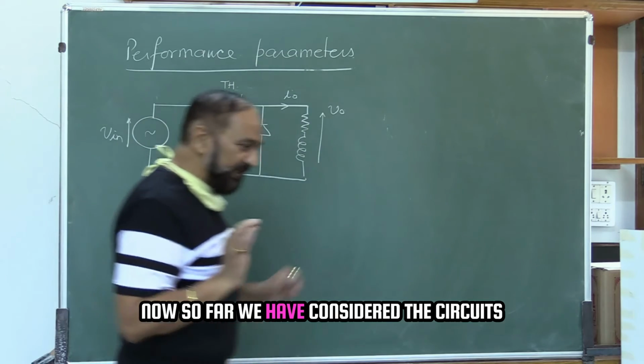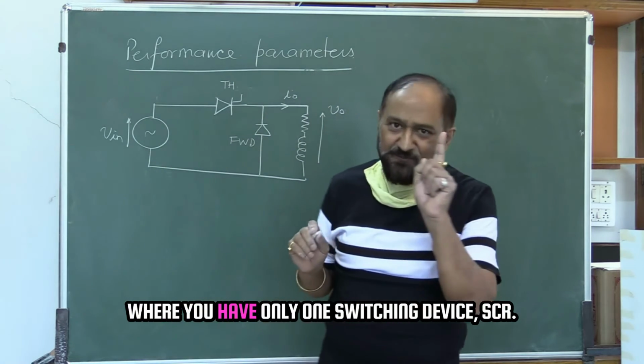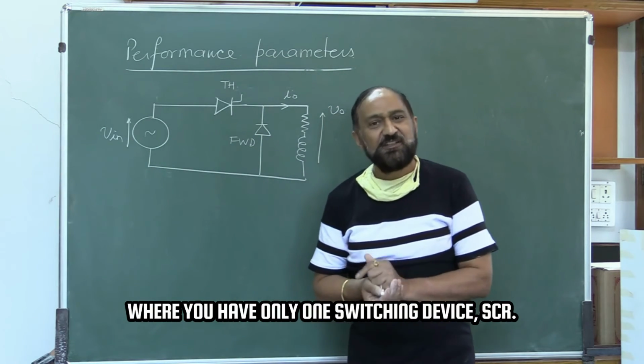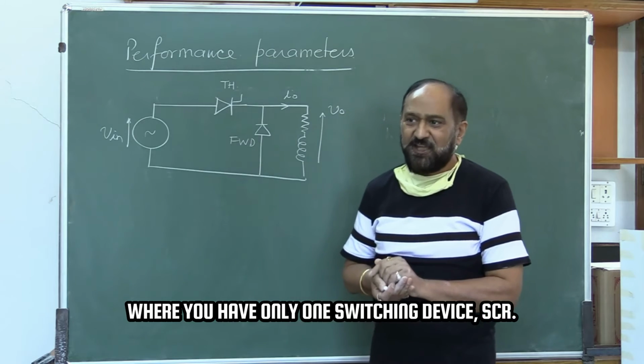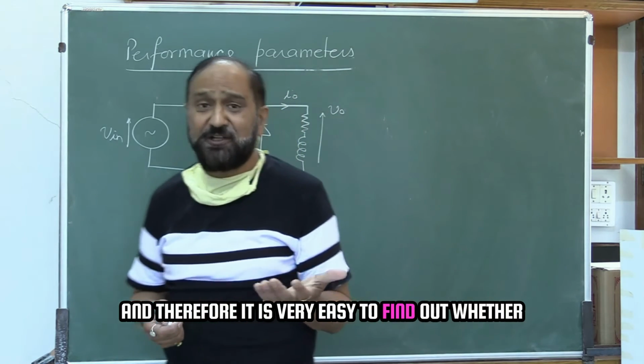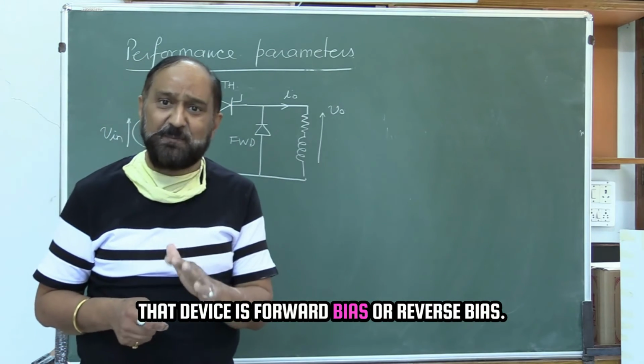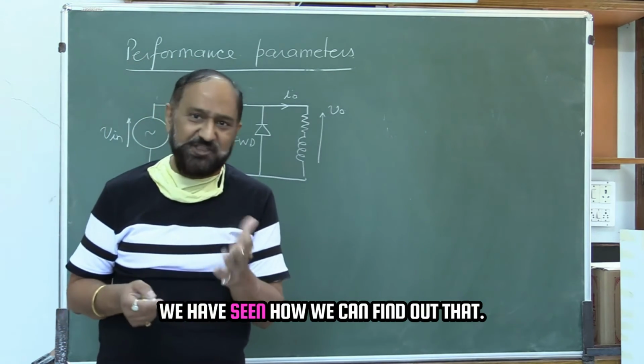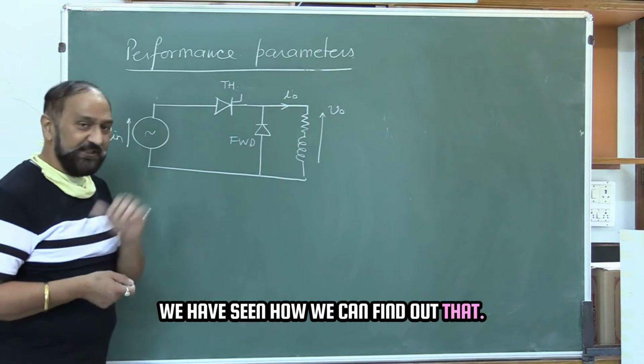Now so far we have considered circuits where you have only one switching device, SCR, and therefore it is very easy to find out whether that device is forward biased or reverse biased. We have seen how we can find that out.